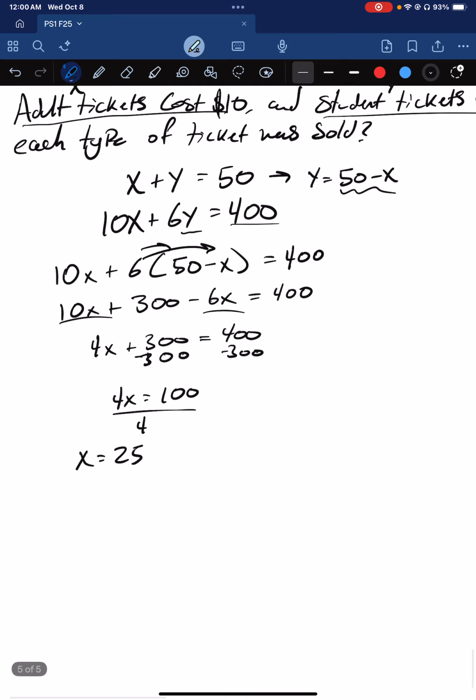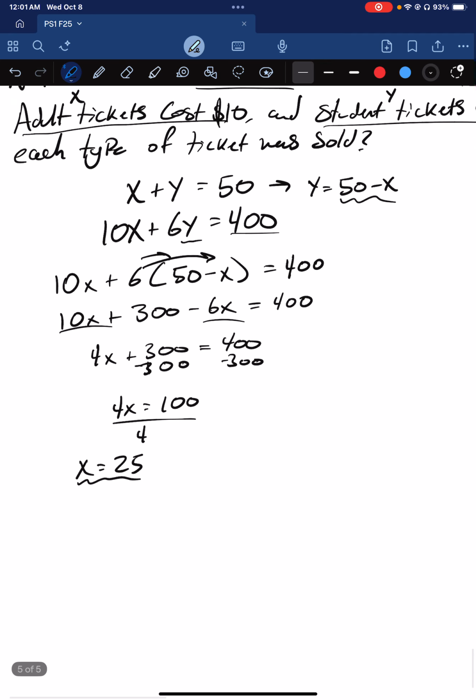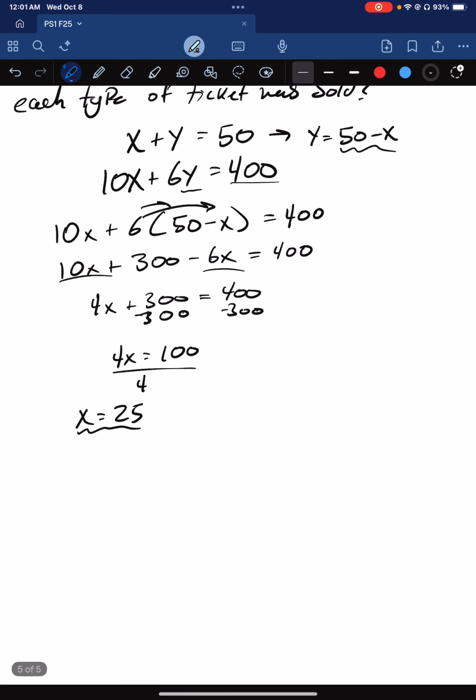Okay, so now I know x equals 25. How am I going to figure out what y equals? Well, we did it 3 times already, or at least this is the 3rd time we're doing it, so I hope you have an idea by now. We're just going to plug it into our original equation. Either one works, but one of them looks a lot easier, and it is this one.